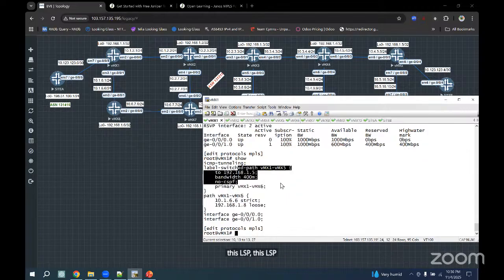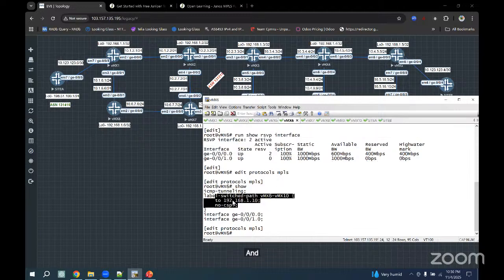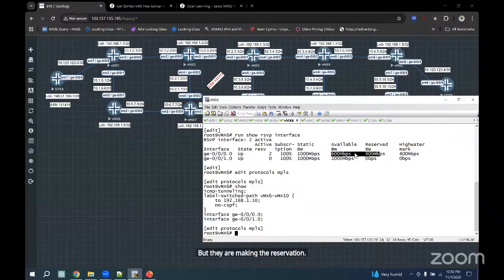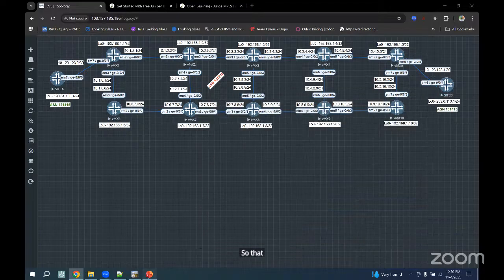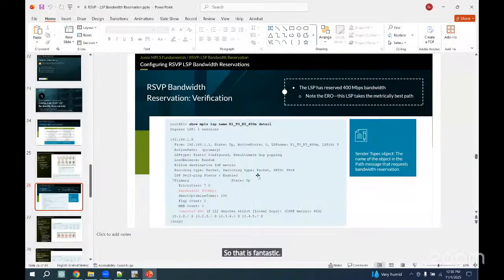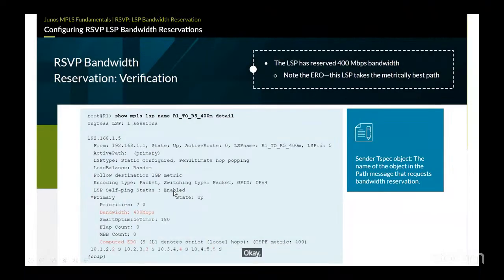We're not configuring this LSP. This destination is 1.5 and this destination is 1.10. That is a different LSP, but they are making the reservation based on the record route path. So that is fantastic. This happened automatically. That's good.